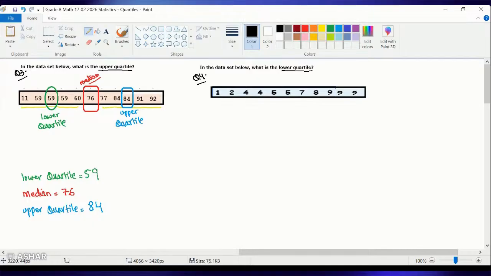Let's count the values first. 1, 2, 3, 4, 5, 6, 7, 8, 9, 10, and 11 values. Once the values have been arranged in ascending order, we know that the middlemost value should be, okay, let's do something with this. Let's make them 9 values.